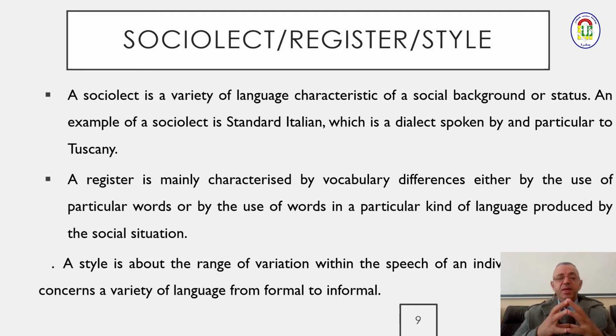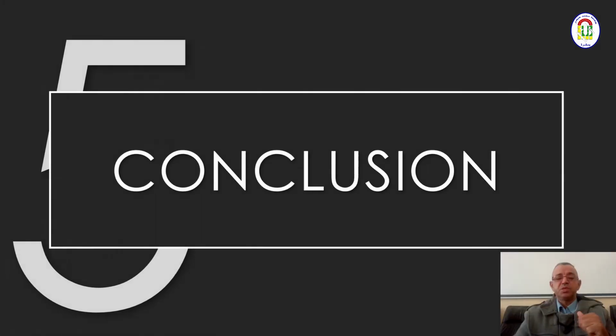One person may use a very formal language, and another one may use an informal one, or the same person may use formal language in a special setting, and at the same time use informal language within a different, informal setting. This has to do with formality and informality, another manifestation of language variation.